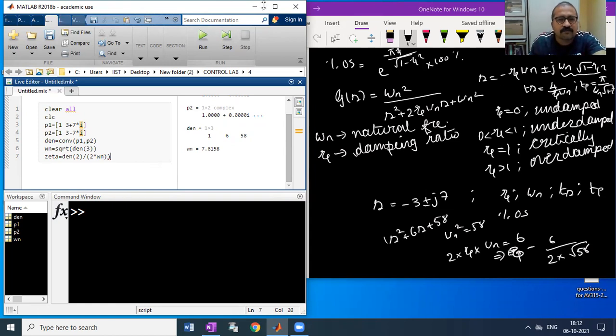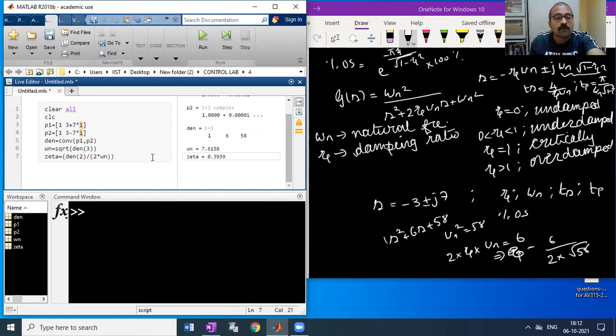One more bracket is required. Fine, so let us run this. Is this correct? Denominator 2, 1, 2. I think there is an extra one here. So if you run this, your zeta will be 0.3939.